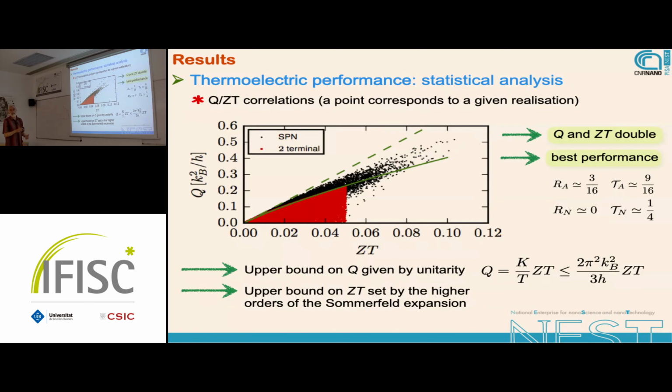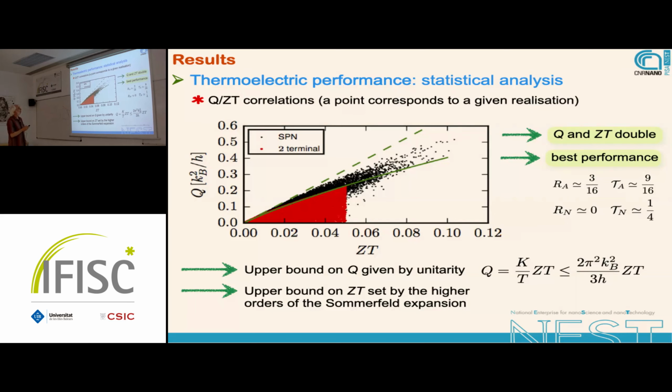It's a statistical analysis, and this is a plot which is basically the correlation between ZT and Q. Q is the power factor, GS squared basically. I didn't define that. It's the one which controls the output power.